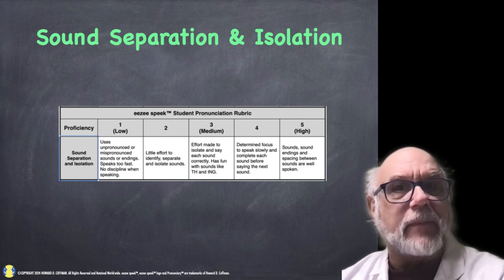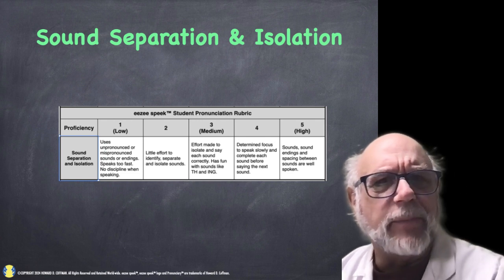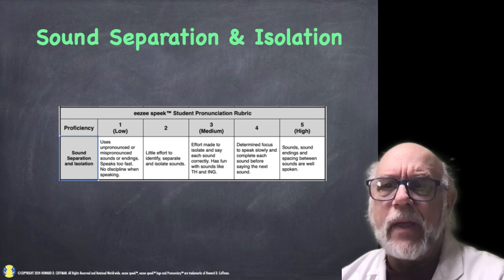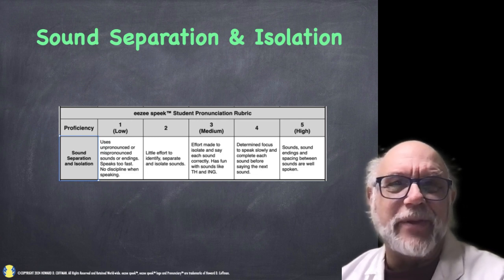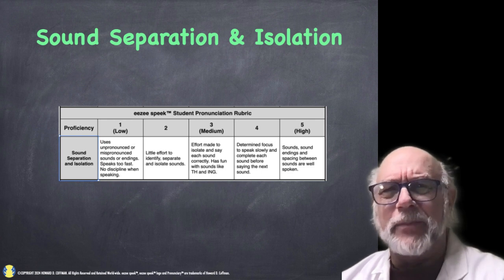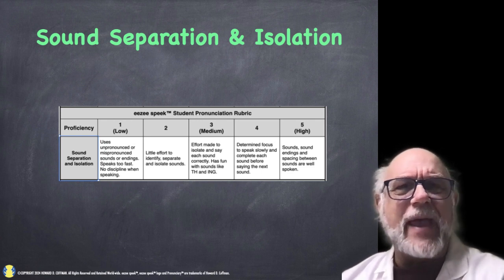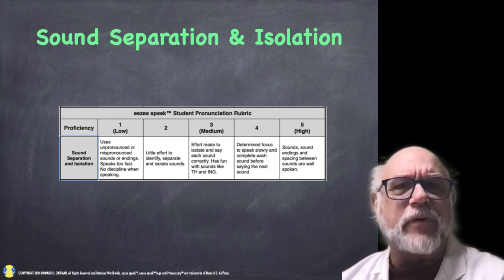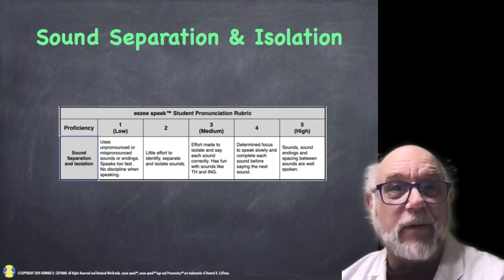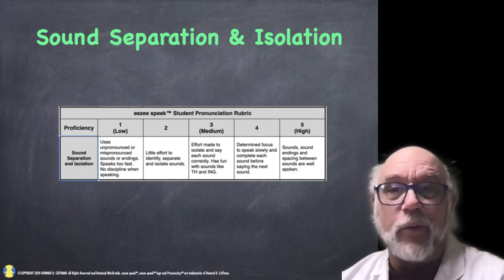That's a medium. And it's even a little bit more because it takes a lot of work to get there. But if there is a determined focus to speak slowly and completely and with enough air to make every sound, that's like getting a triple in baseball. That's just about a home run.